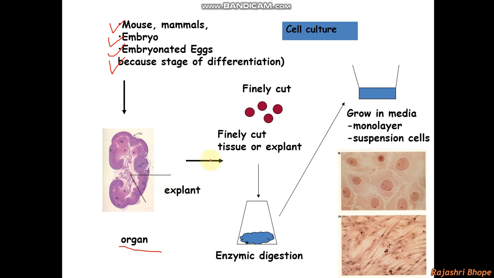This tissue is then finely chopped either with a scalpel or enzymatically disaggregated. There are certain enzymes used in animal cell culture like trypsin. This trypsin helps in releasing cells attached to one another. So enzymatic disaggregation is achieved with the help of the trypsin enzyme, which releases single cells like this, and then these enzymatically digested cells are inoculated into the medium, and after growth you will observe something like this.